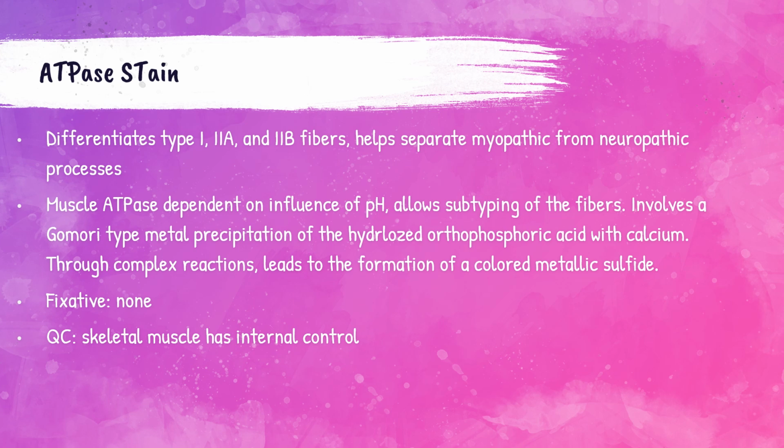Frozen sections of unfixed tissue are cut at 10 microns and mounted on slides. You want to cut 3 slides, one labeled 4.3, the second labeled 4.6, and the third labeled 9.4. These number labels indicate the pH level. Skeletal muscle contains an internal control for this stain.